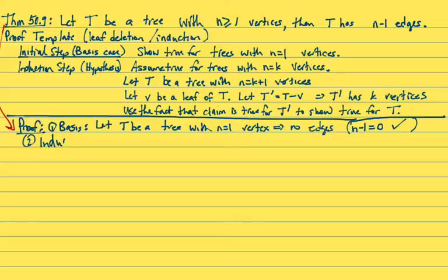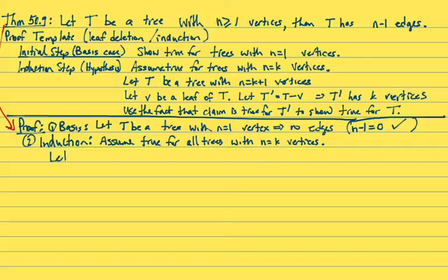Now let's do the induction step, or the induction hypothesis. We're going to assume that this statement is true for all trees with n equal k vertices. So up to k vertices, the number of edges would be k minus 1.